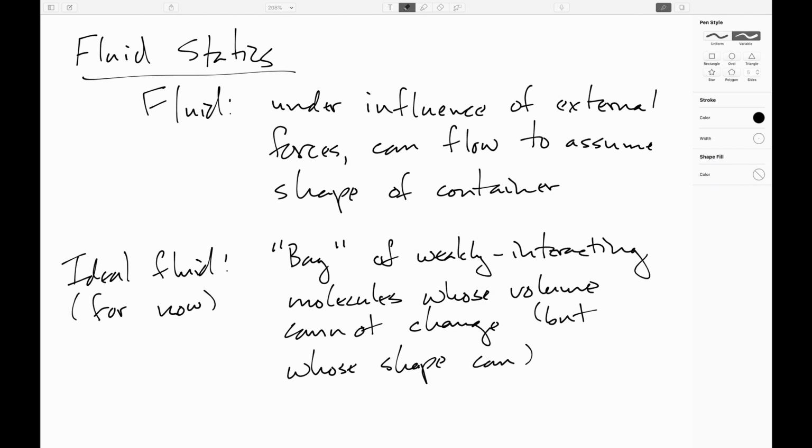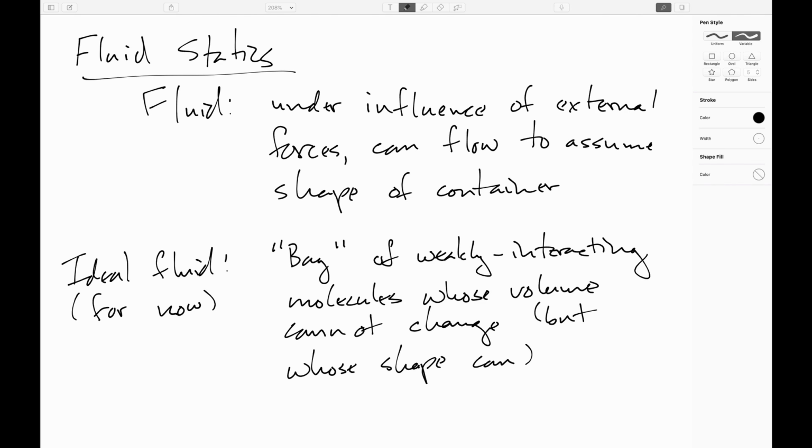Another example would be the Earth's asthenosphere, which is a layer just under the Earth's crust. It's very, very plasticky. It flows very slowly, but it does flow. And so if you were to wait long enough, it would fill the shape of its container, or assume the shape of its container.